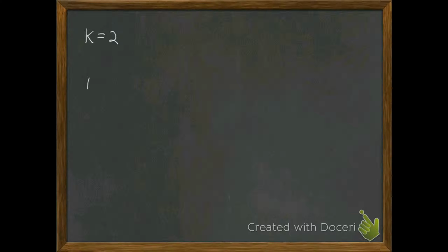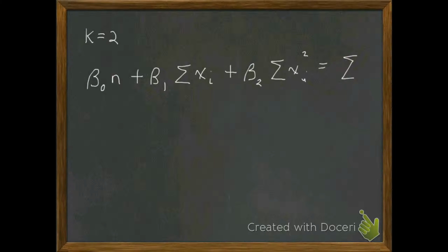So I've got beta 0 n plus beta 1 times the sum of the x sub i's. I'm going to leave the subscripts off because I think we've all got that taken care of. So beta 2 times the sum of the x sub i squared will be equal to the sum of our y sub i's.